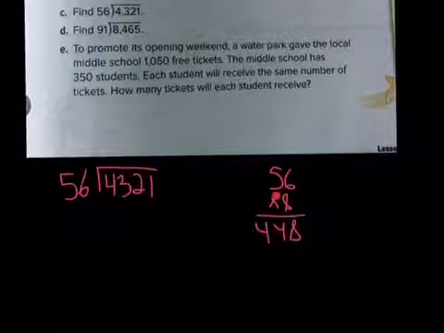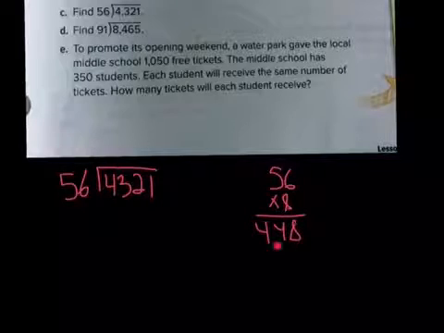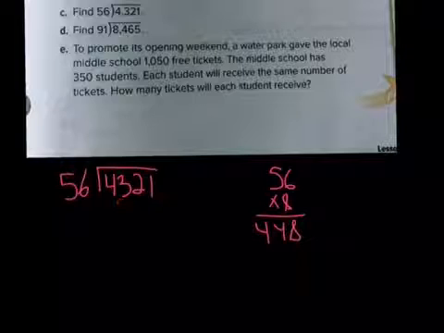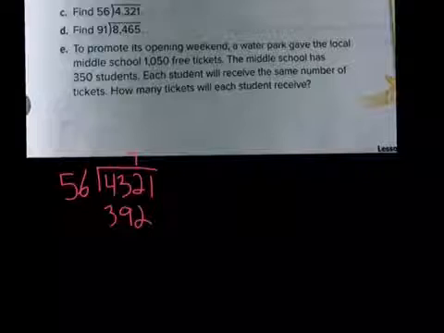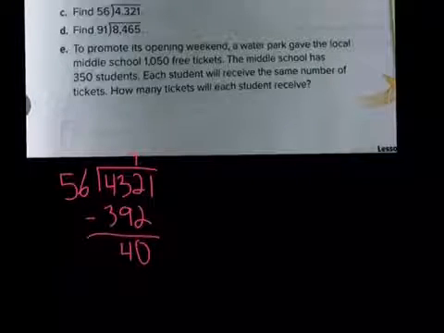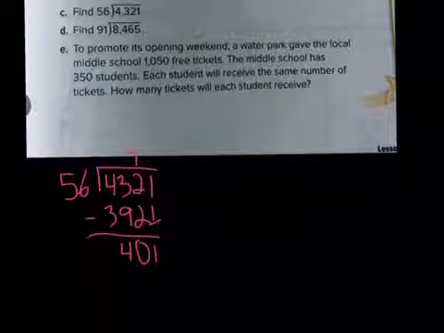When I check to see if I have 8 of them, and I multiply 8 times 56, I get 448. Too much. So I've got to go down by 1, so it'll be 7. And 56 times 7 is 392. Okay? Now I can subtract. I have 40 exactly, and I can bring down my 1. So now I have 401. 56 into 401.